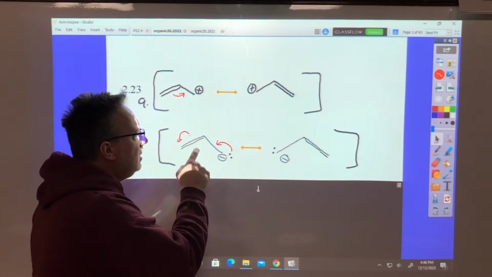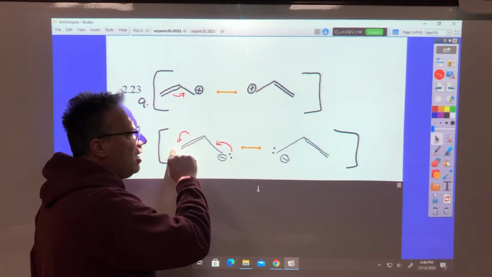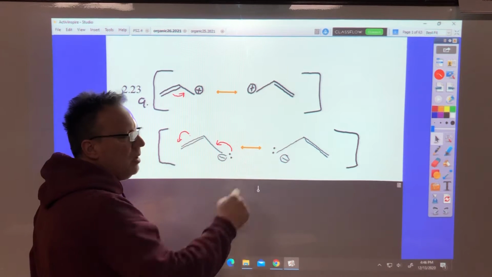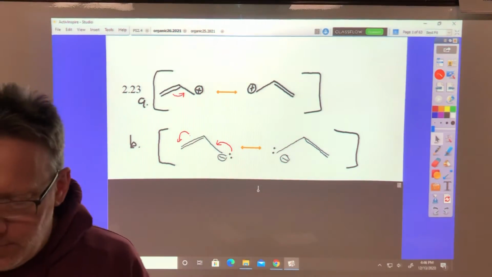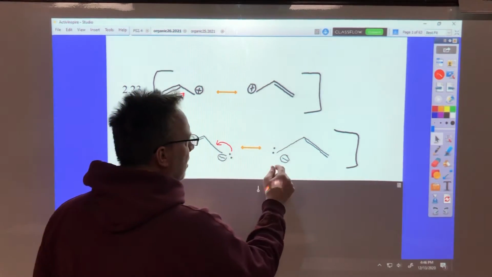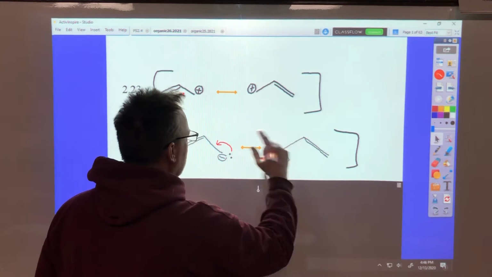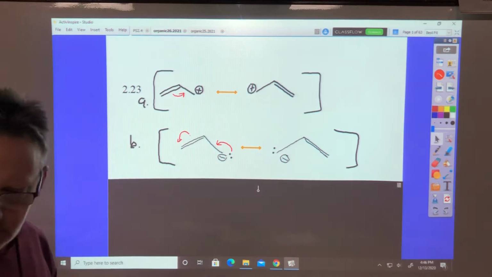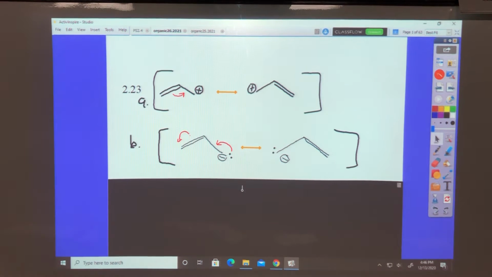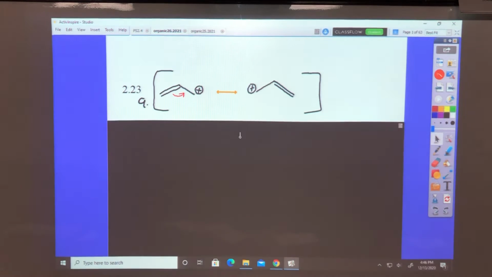But you can if the electrons in one of these double bonds jumps out onto the end, and then you have a lone pair out here on your carbon. Okay, and this is just the reverse, so if you could double arrow these back the other way. Okay, next one. Well, that was B.